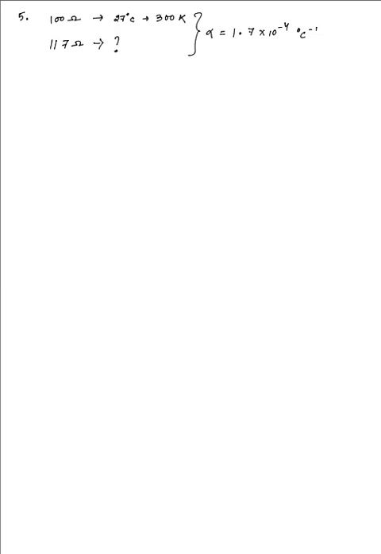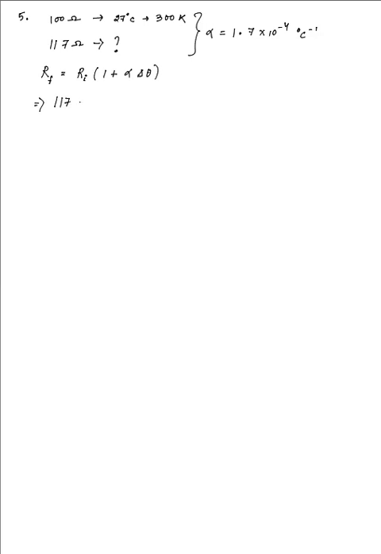Now the resistance R at any final temperature is equal to the initial resistance times 1 plus alpha times delta theta, delta theta being the change in temperature. So this is the formula, and you have the resistances over here.